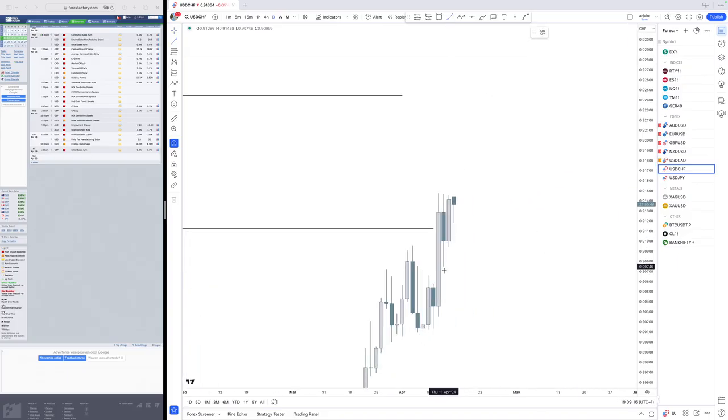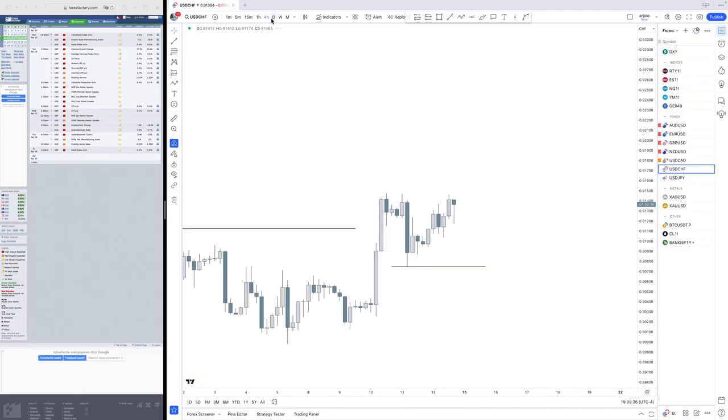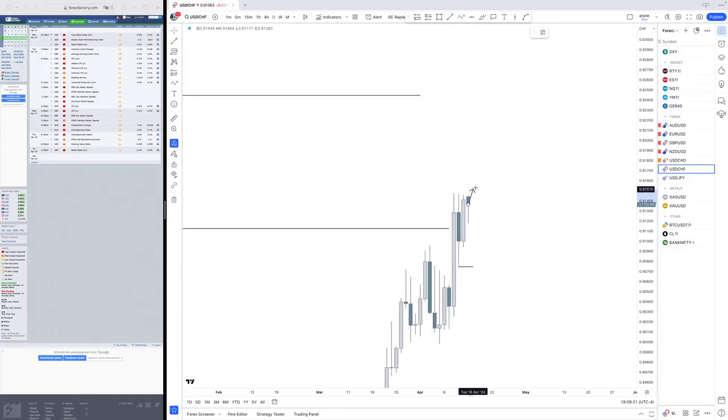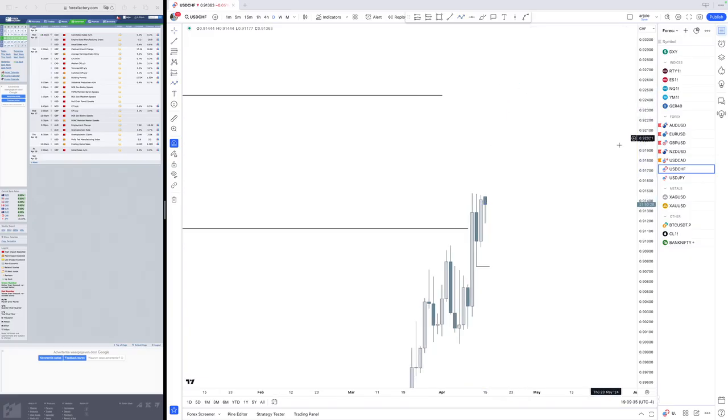This fair value gap is too big of a retracement to make if we do want to continue higher. So I'm not expecting a retracement towards that right there. And if we do retrace into that, I'm not interested in it. So here, 4 hours is not even that clean. So here I would want to wait for a new clear fair value gap to be created to potentially trade off of that. In the meantime, I would want to wait. I'm going to add it to the waiting list.